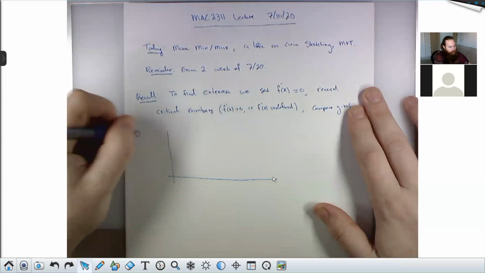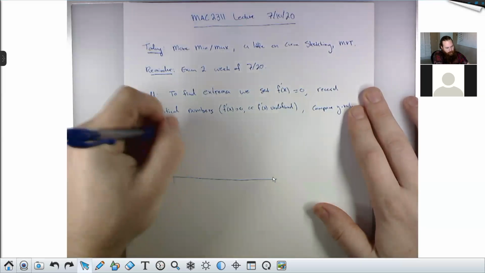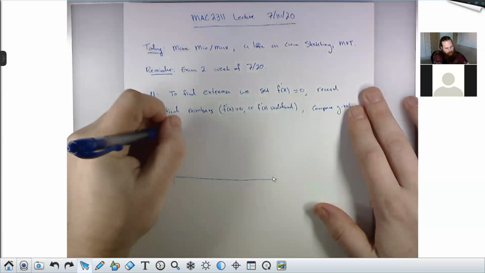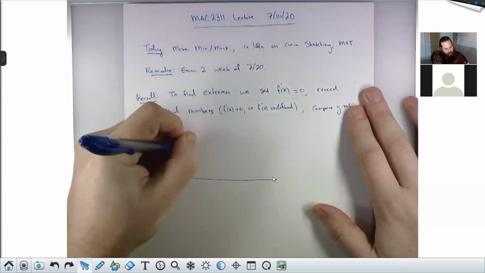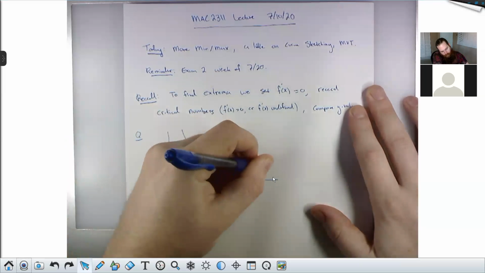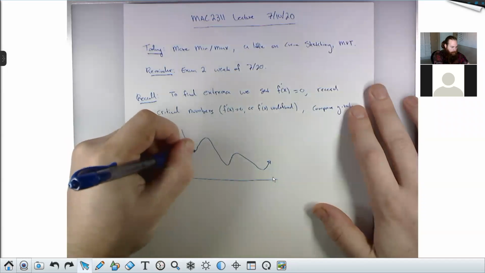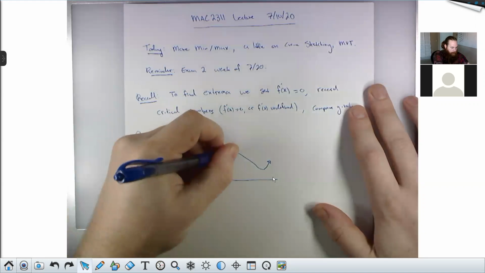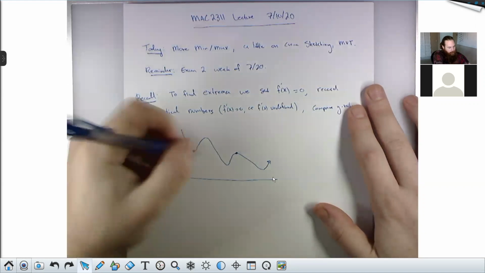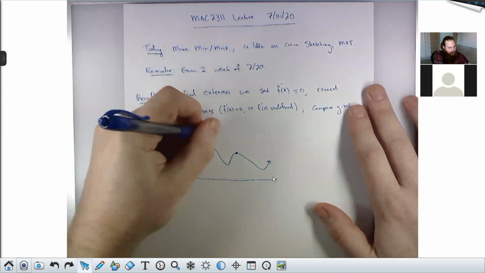So the question I would like to ask, let's draw it like this. All right, this local min is bigger than this local max. These are all places where f prime is 0.